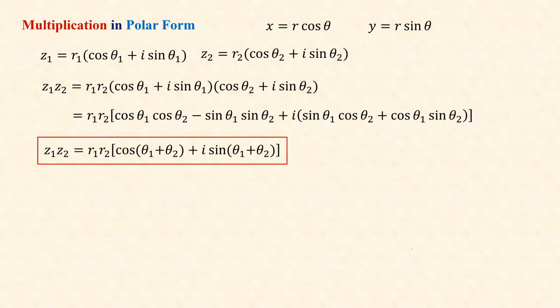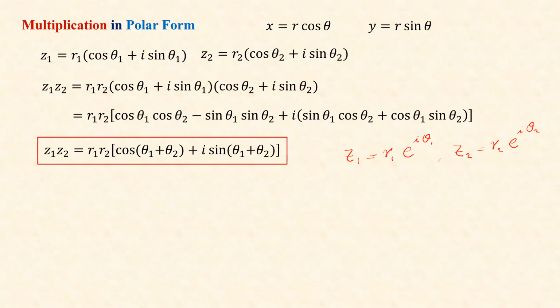So what this implies is that probably we can denote Z1 and Z2 in exponential form. For example, Z1 is R1 times e to the I theta 1, and Z2 is R2 times e to the I theta 2.